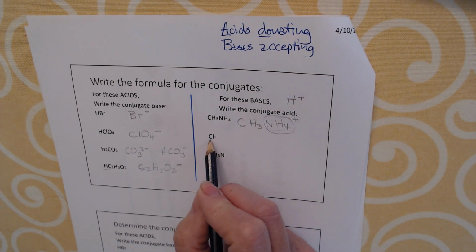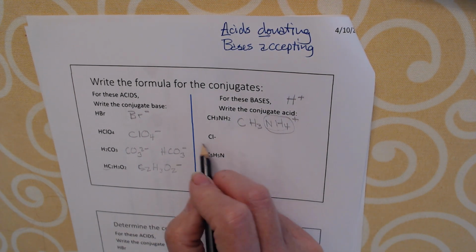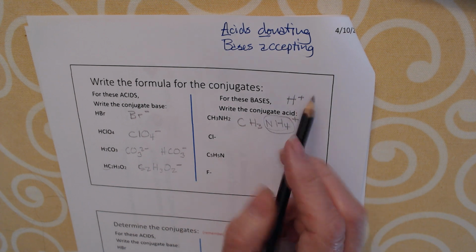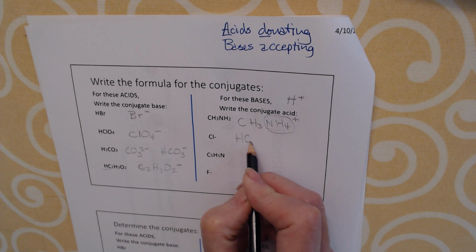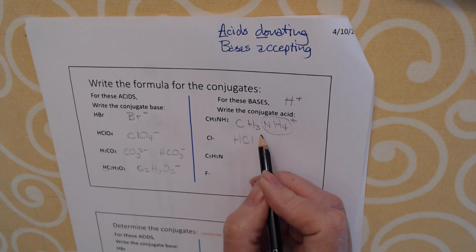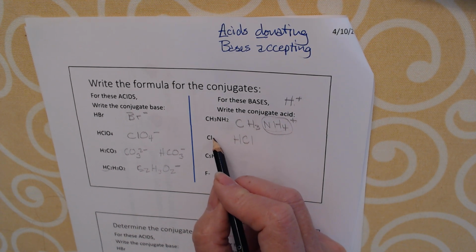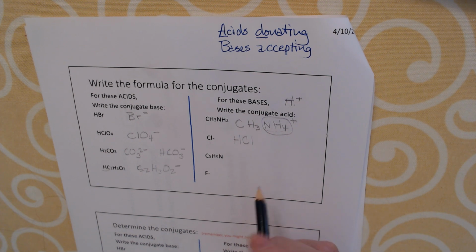So for example, let's look at one of those examples. So if I am adding an H plus ion here, I would have HCl. I don't have a plus charge because I'm using my plus to negate this minus, right?